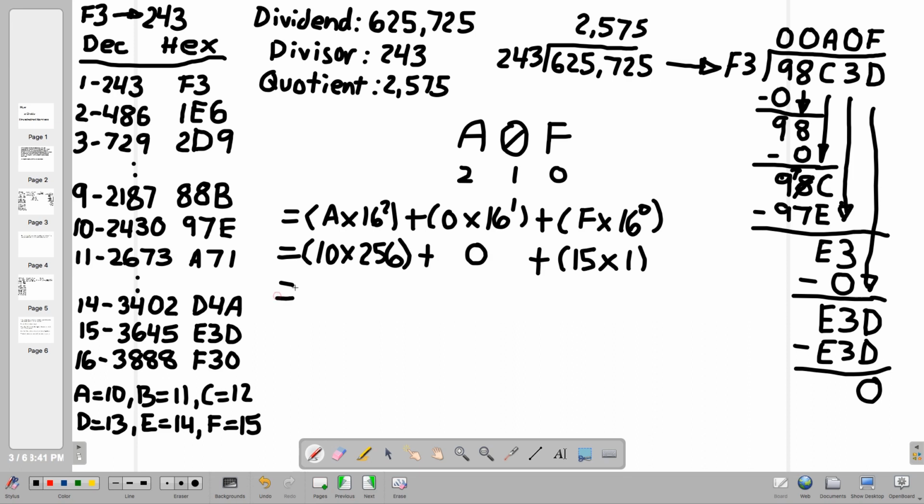So 10 times 256 is 2,560. Then we have the value 0, and then we have the value 15. And that does come out to be the value 2,575. And this is what we wanted to show.